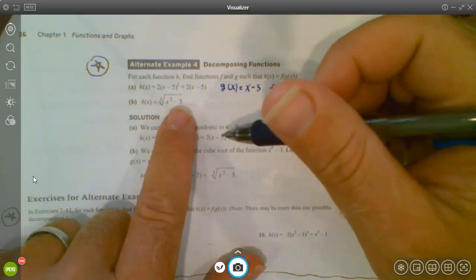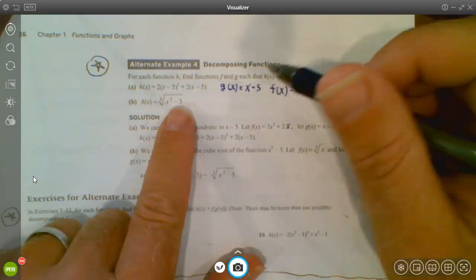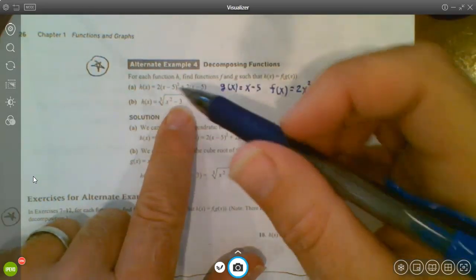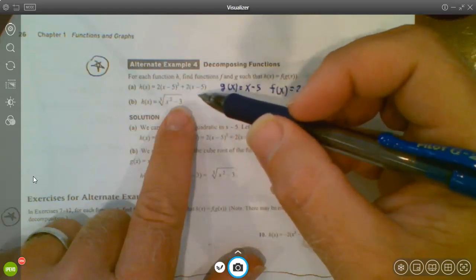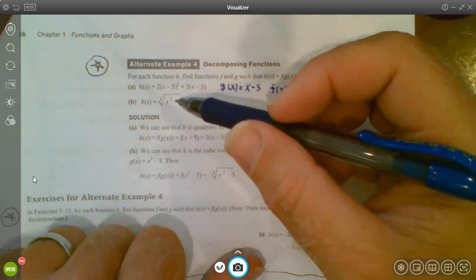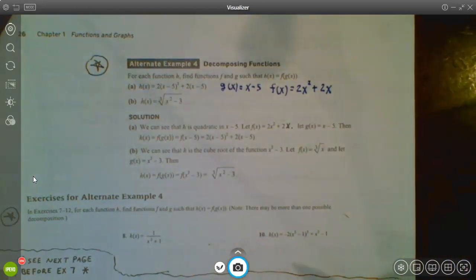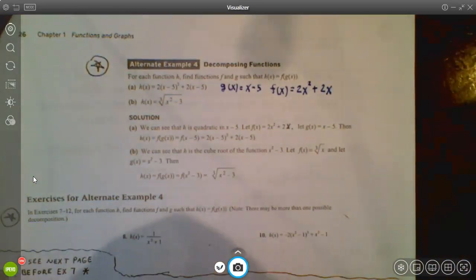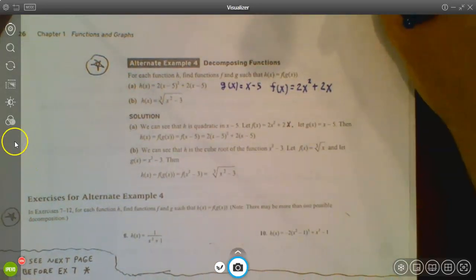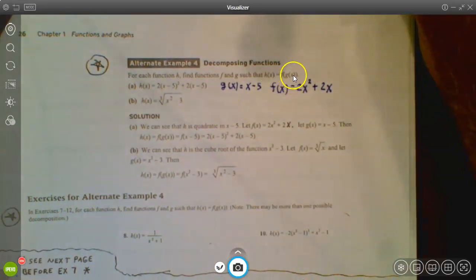So commonly what you're going to be looking for as far as the interior function goes is if you have something in parentheses or something inside of a radical, or it might be something on the bottom of a fraction, whatever you could identify as sort of a separate function usually is going to be your winner for that interior guy right here.